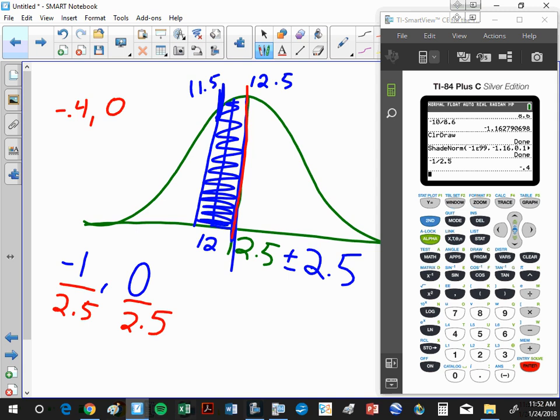Well, you could do shade norm here, but I was too lazy, and I just said, well, this area right here can be found in the chart, and then I just cut it in half. Because the right side and the left side are the same size. So whenever you can use the chart, use it because it speeds things up. But you could just do shade norm from negative 0.4 to 0.